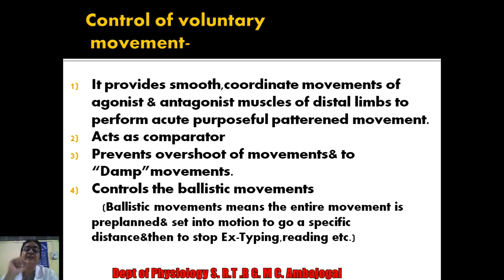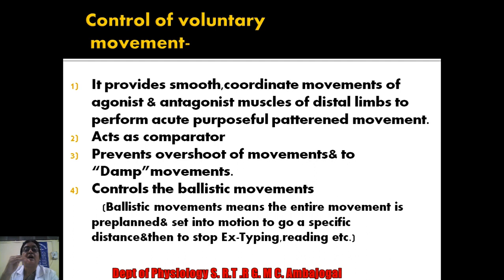Why? Because if these inhibitory signals are not coming from the cerebellum, the movement oscillates to and fro between contraction and relaxation. The cerebellum has the main role: it prevents such oscillation and we can do the activity properly. That is an important function of the cerebellum.